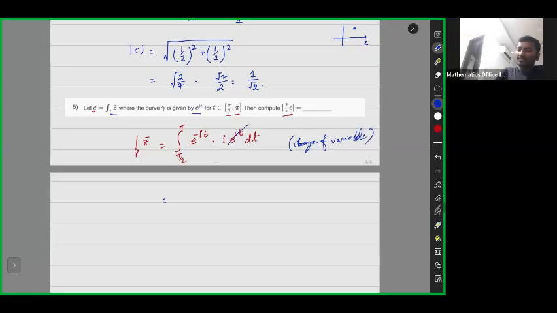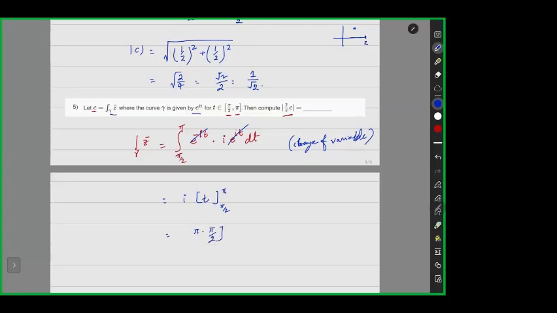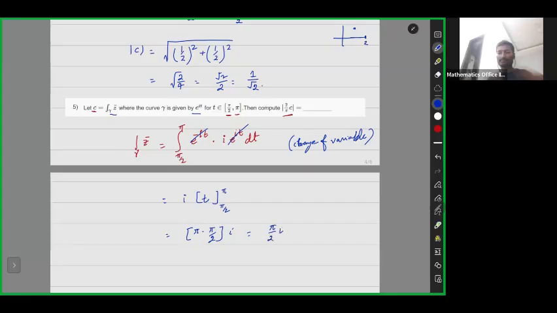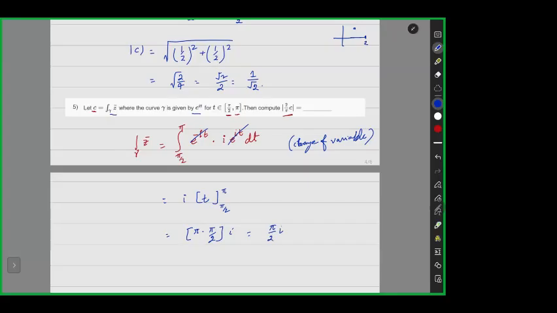So e power it gets cancelled from numerator and denominator. We only get I. Taking I outside, we get the integral of t from pi by 2 to pi, which is pi minus pi by 2 into I, just the integral of I dt. So pi by 2 I. Now this is our C.